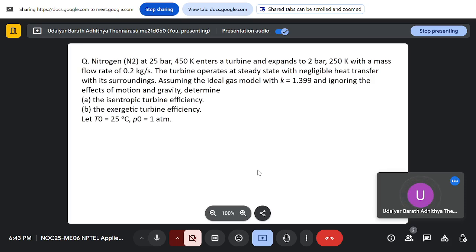So what is given is nitrogen at 25 bar and 450 Kelvin at the inlet to the turbine, and it is expanding to 2 bar and 250 Kelvin.